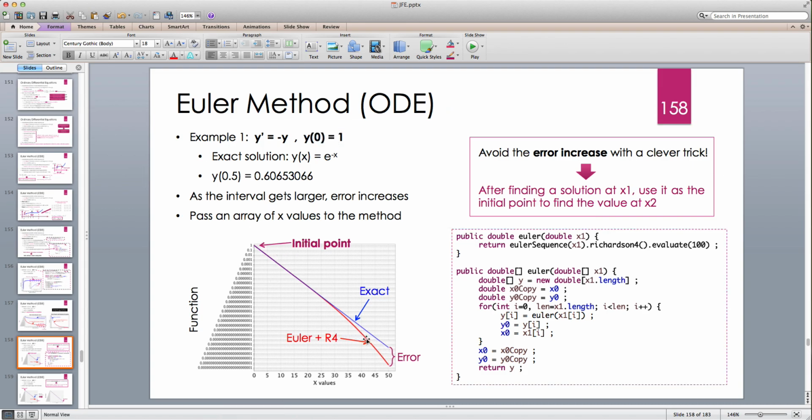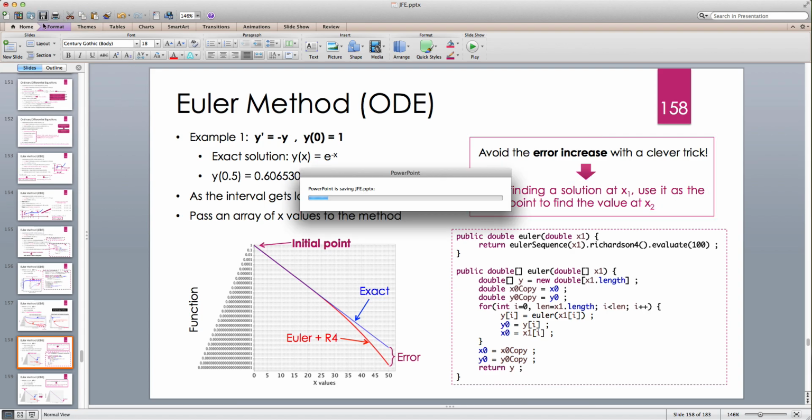I'm using the initial value from the previous point that I solved. So the error always stays as low as possible. This is a very clever trick to avoid this problem. After finding a solution at x1, use it as the initial condition to find the value at x2. I hope this makes sense, because this is a very interesting trick.